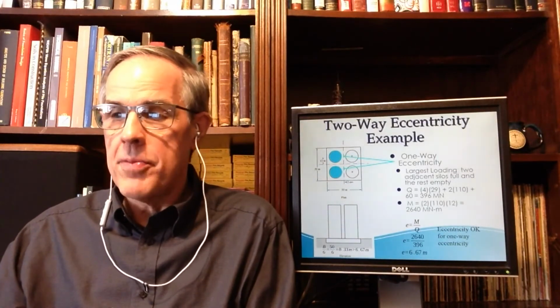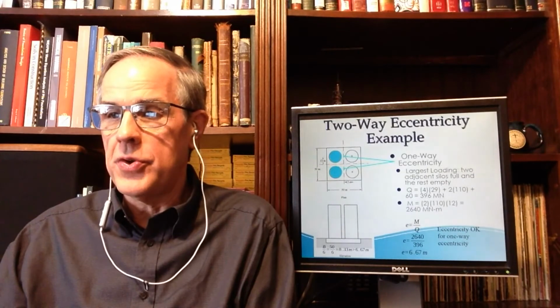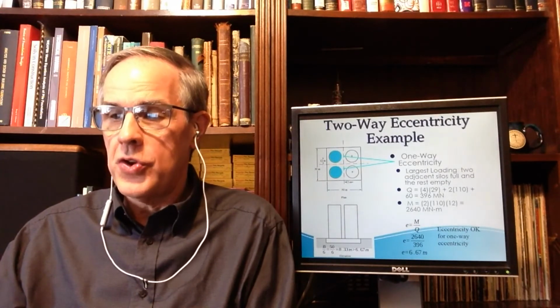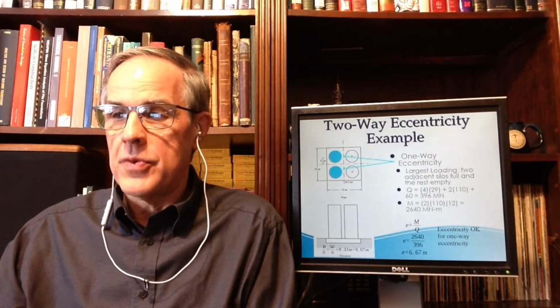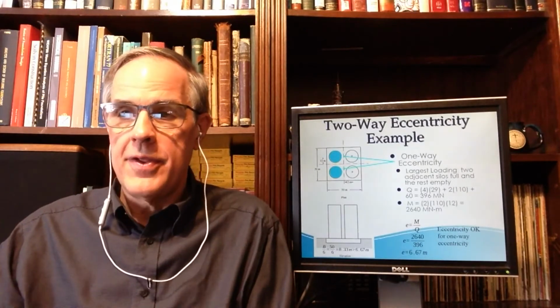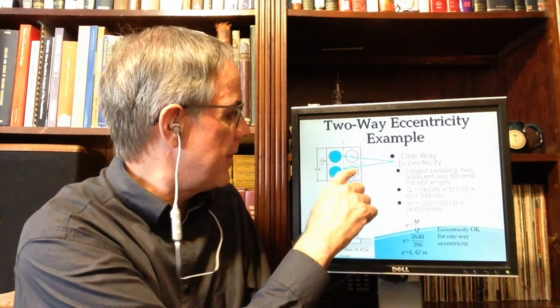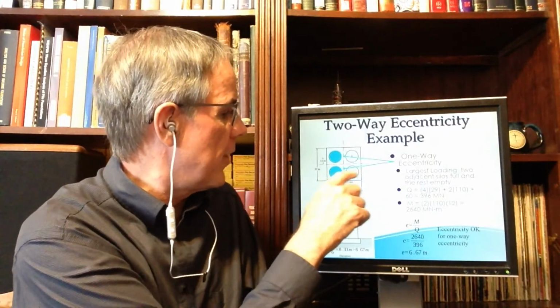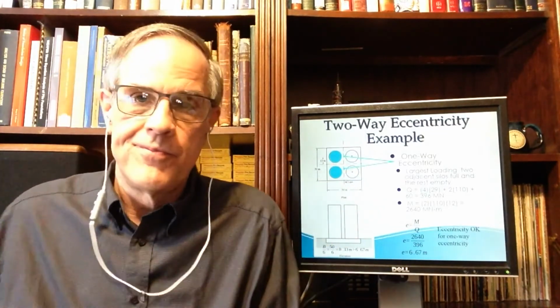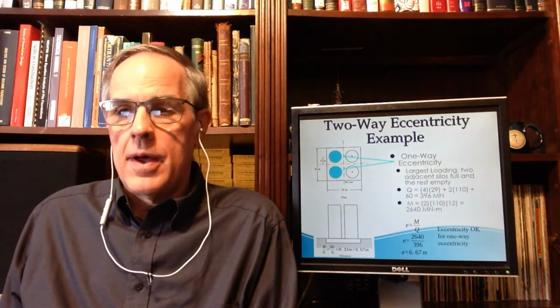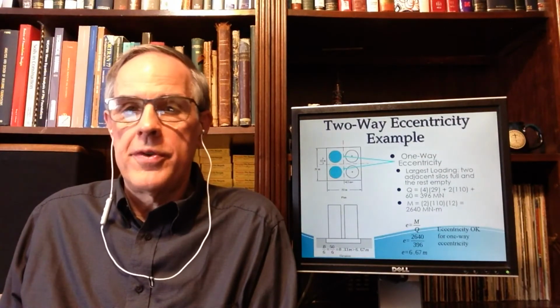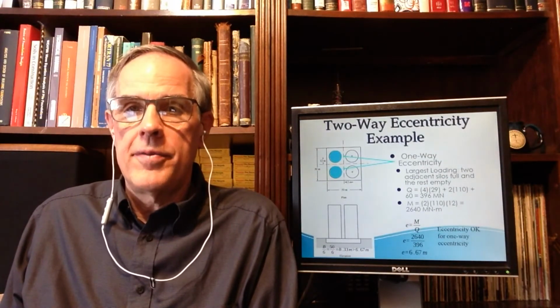And then M, the moment, is equal to 2 times 110 times 12. This diagram kind of stinks in some ways, but the distance from the centroid of the loaded silos to the center line of the whole thing is 12 meters.